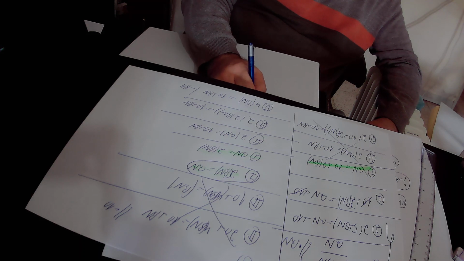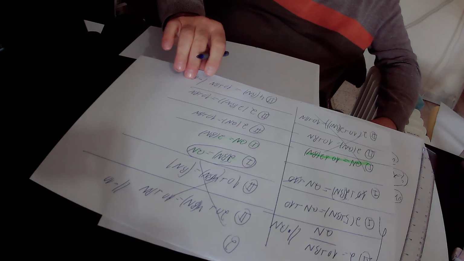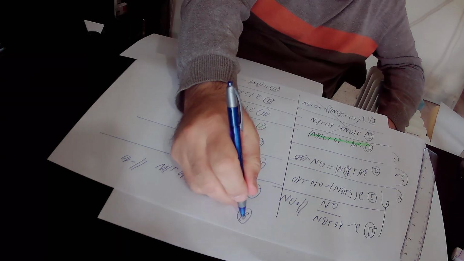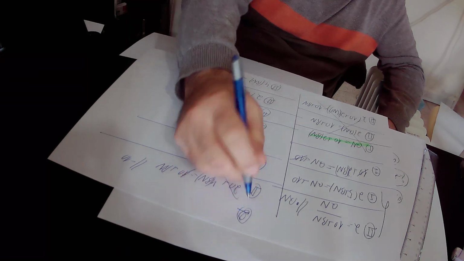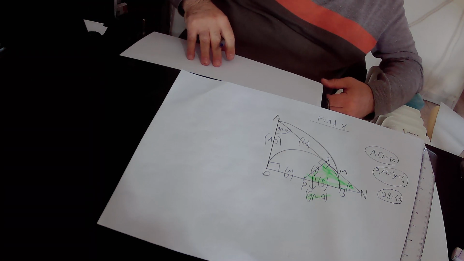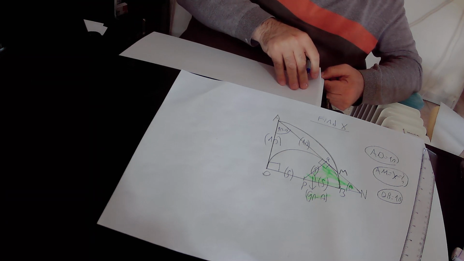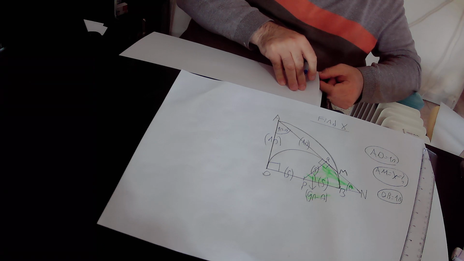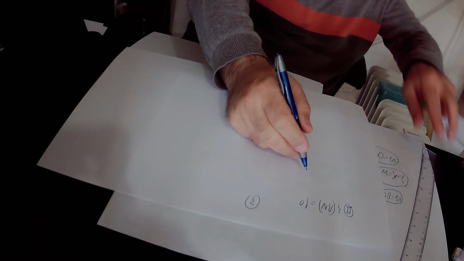This is equal to 10. Actually, we found out that according to equation number 2, 3 times Bn equals 10.